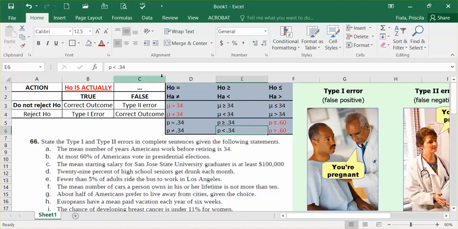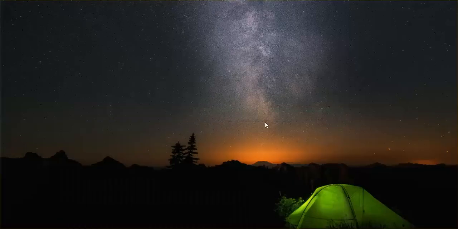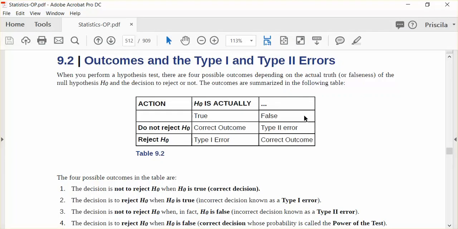I will leave this here, and now we're going to address type 1 and type 2 error. This table here I took from your book, and compared to a lot of tables that I see out there, it explains it in a decent way.